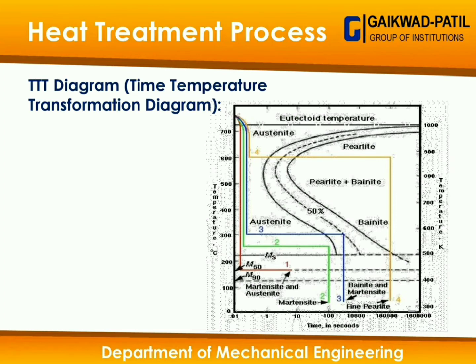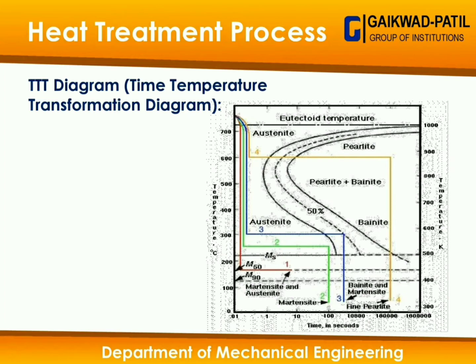Here we can see a TTT diagram where the eutectoid temperature is given, and the gamma austenite gets transformed into new types of phases like pearlite, pearlite plus bainite, bainite, then martensite-like phases, right?